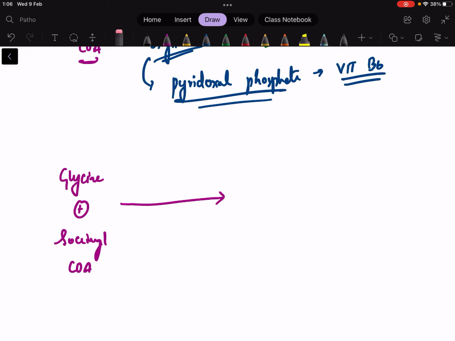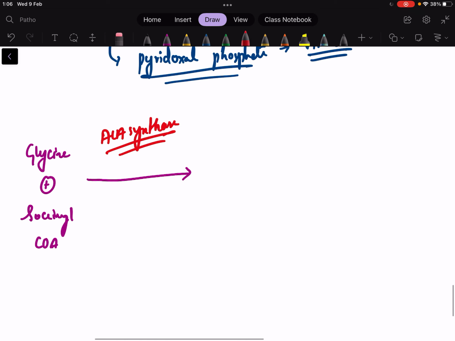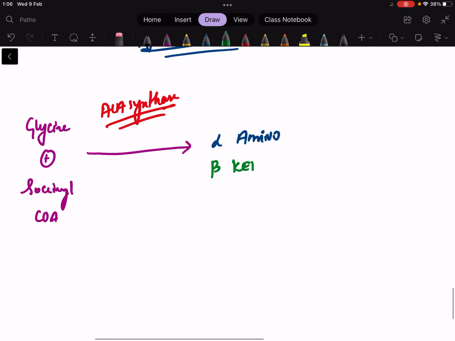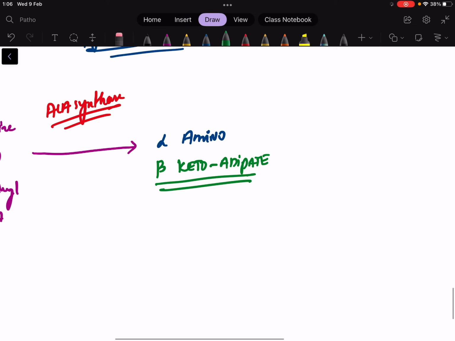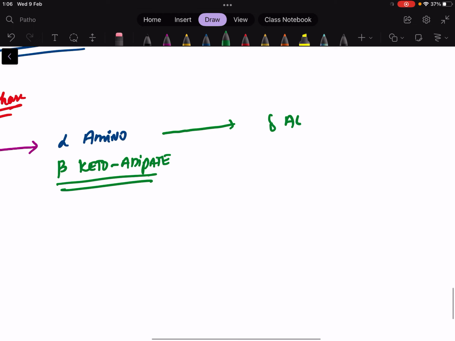I will draw this with a different color. By the enzyme ALA synthase will first get converted into alpha amino and beta keto adipate. Okay, this is the first step actually, and eventually this will get converted into your delta amino levulinate, okay, which is delta ALA.